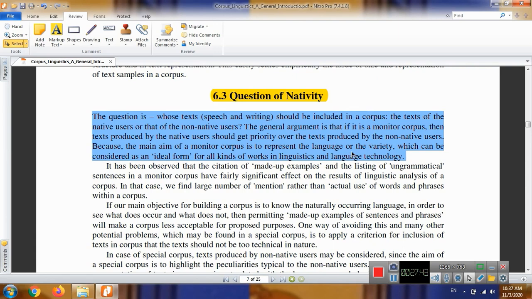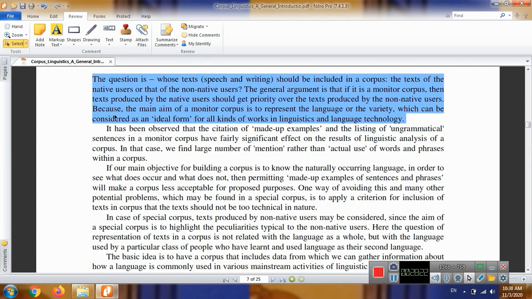The general argument is that if it is a monitor corpus, then text produced by the native users should get priority over the text produced by non-native users, because the main aim of a monitor corpus is to represent the language or the variety which can be considered as an ideal form for all kinds of works in linguistics and language technology.